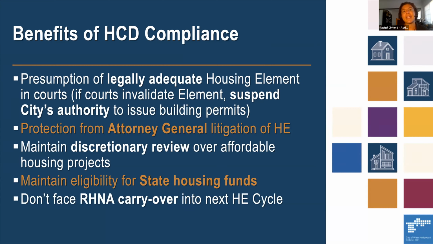As I said, the housing element doesn't give us money, but the completion and the certification of an appropriate and legally adequate housing element will allow us to open the door for money to use for the construction of affordable housing. And that's a really big one. And then also, we don't face as much of the RHNA carryover into the next housing element cycle. And I'll explain that in a minute when I get into a little bit of what RHNA is, a regional housing needs assessment. Next slide.